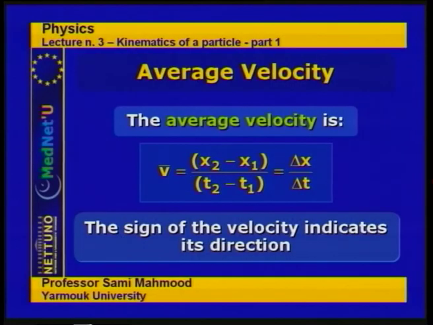The sign of the velocity indicates its direction, and that direction is exactly the same as the sign or direction of the displacement, since the average velocity is derived by dividing the displacement by a scalar delta t.